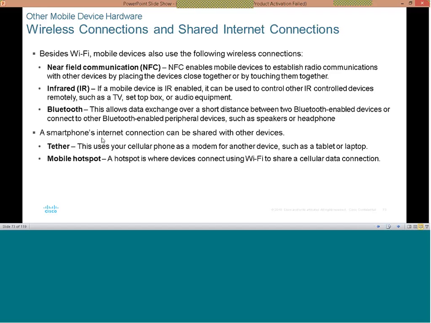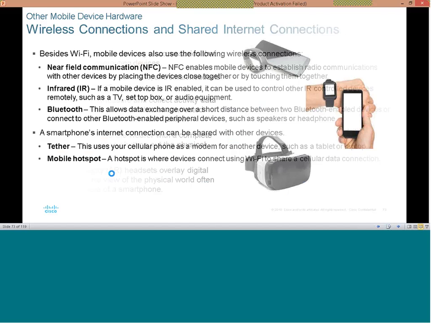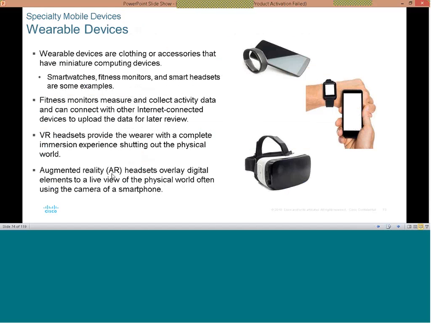A smartphone can also be shared with other devices, like doing what we call tethering. This uses cellular phones as a modem for other devices such as a tablet or laptop. And then you can also do what we call a hotspot, where you create the ability for other Wi-Fi devices to connect remotely, wirelessly as well.